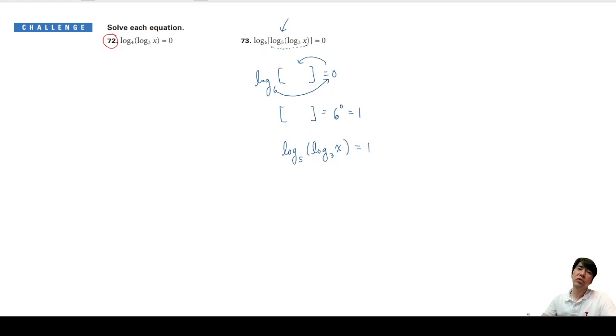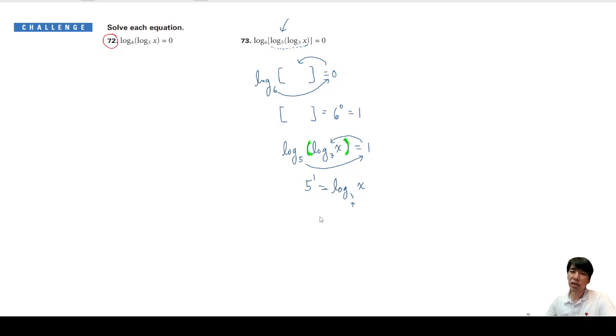Now use the same method here. You view this thing as a chunk. So this is basically what then? You take this base 5 and raise it to this power, which is 1, and that will give you this value right there, which is log base 3 of x. Now just convert this log expression into exponential form.